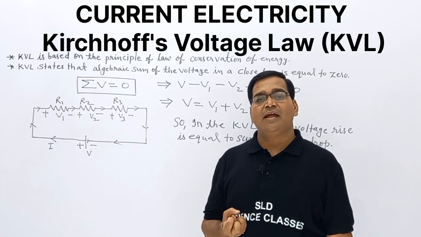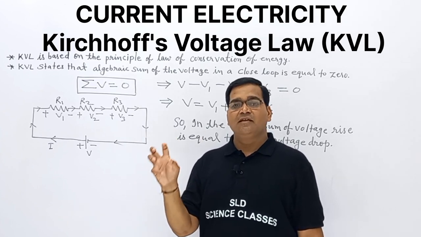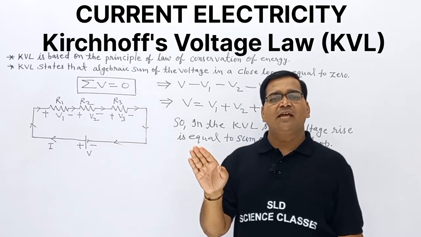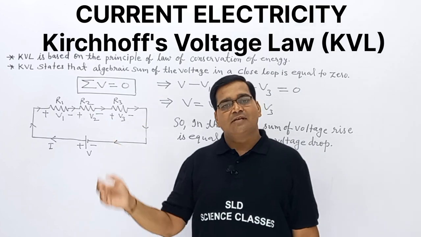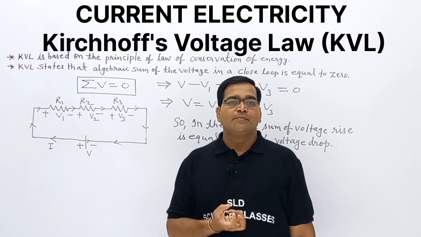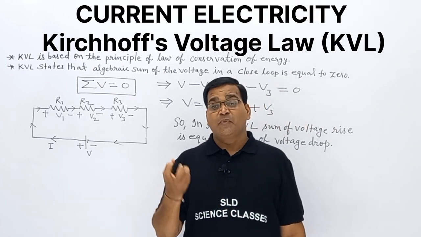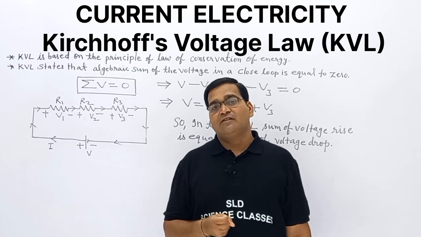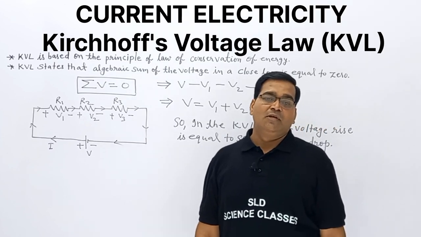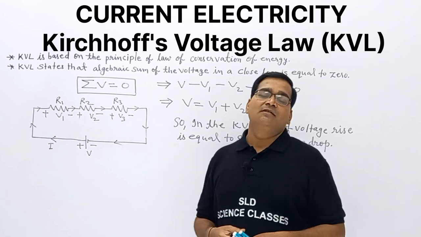In the circuit we apply both KCL and KVL to simplify the circuit. If the circuit is complicated and we want physical quantities like voltage and current values, then these laws are most important. By using these laws, we simplify the circuit and find the required result.